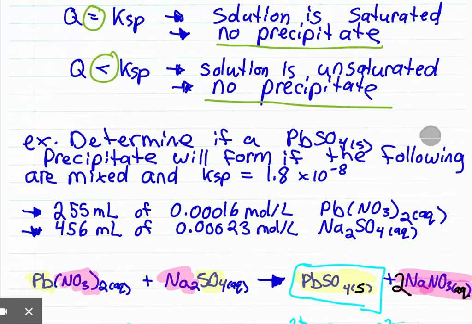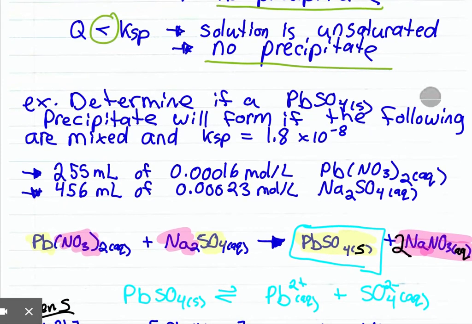So what we need to know in order to calculate Q is the concentration of the lead ion and the concentration of the sulfate ion, because our dynamic equilibrium is between the solid lead sulfate and its dissolved ions.